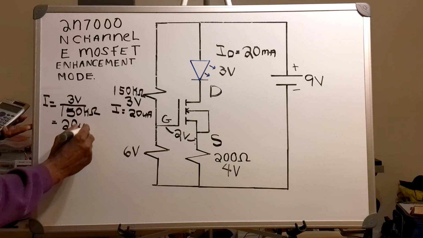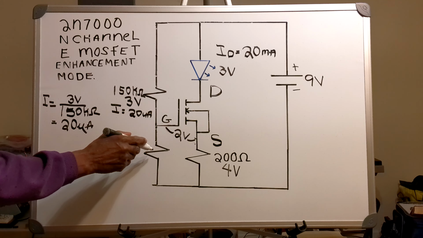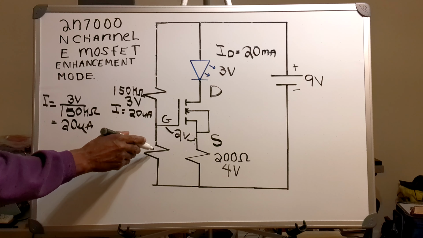Now, since I won't be having any current at all flowing into the gate, I know that my 20 microamps will also be flowing across my resistor right here.